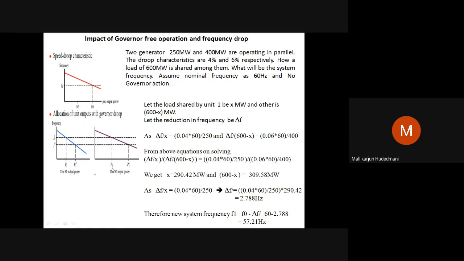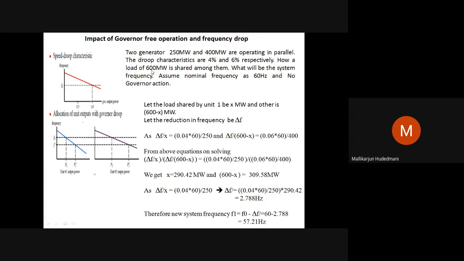P1 plus P2 show me the initial share, let us say. Or you can just say at 0 load, this was the frequency prevailing. Whatever it is, initial power P1, P2, f0 is the frequency.